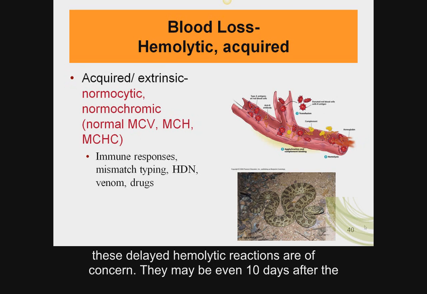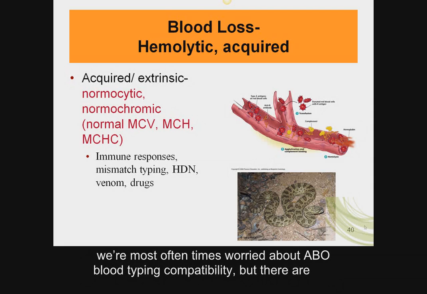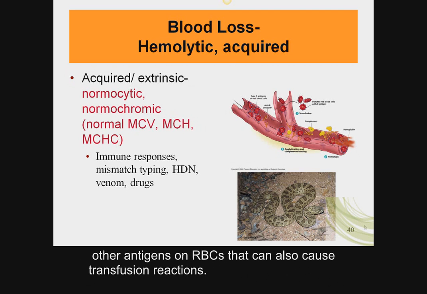So these are delayed hemolytic reactions, and they are of concern. They may be even 10 days after the transfusion and are caused by undetected antibodies in the recipient's serum. Of course, we're most oftentimes worried about ABO blood typing and compatibility, but there are other antigens on red blood cells that can also cause transfusion reactions.